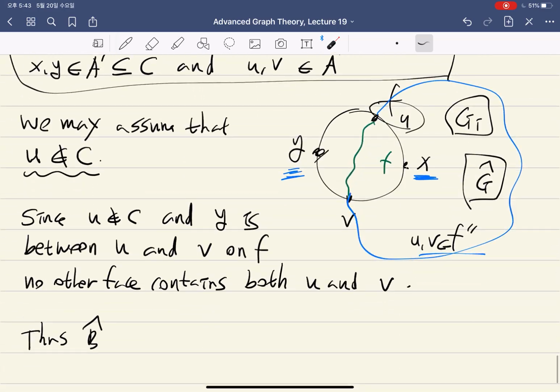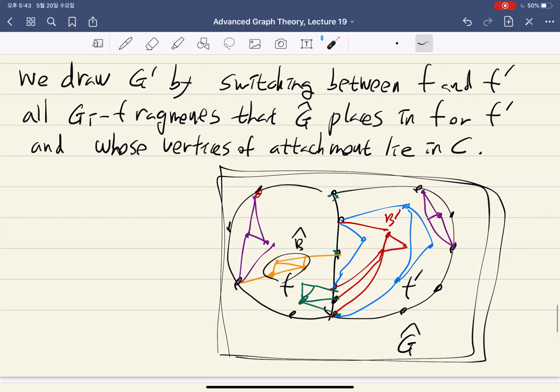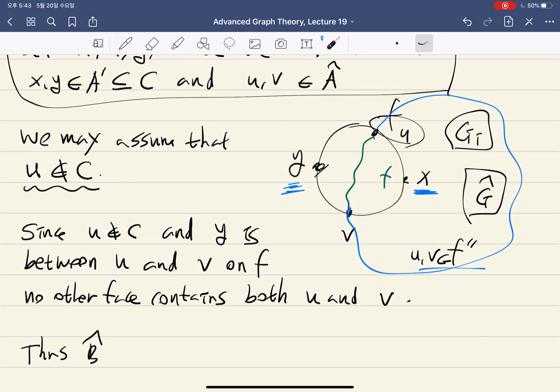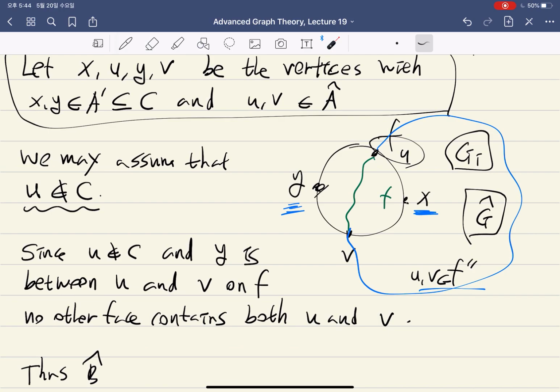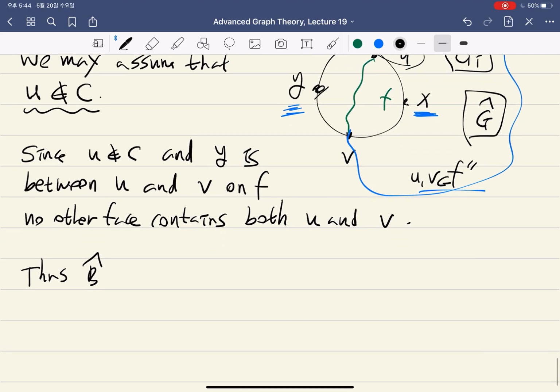What is the B hat? B hat is a fragment inside F which has X and Y, U and V as its vertices of attachment, and there is at most one face F which contains both vertices. So there is at most one face which contains all vertices of attachment of this B hat.